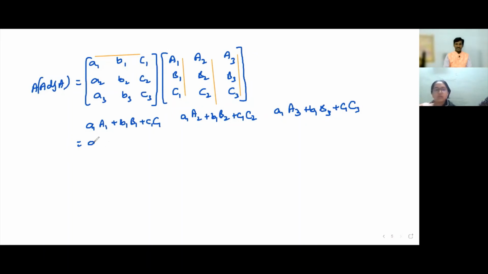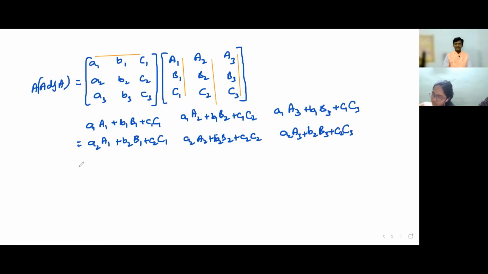Okay, so similarly second row with first column, second row with second column, second row with third column. A2 into A1 plus B2 into B1 plus C2 into C1. A2 into A2 plus B2 into B2 plus C2 into C2. Next, A2 into A3 plus B2 into B3 plus C2 into C3.